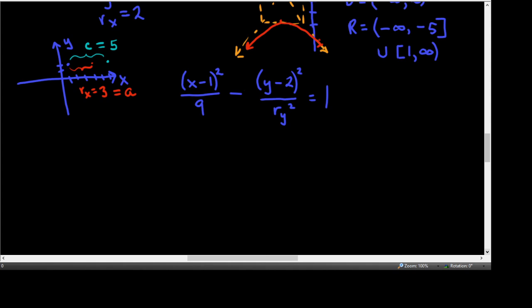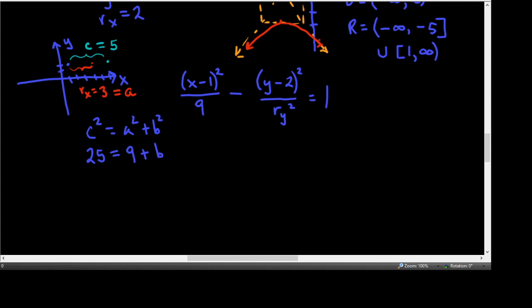So at this stage of the game, there's only that one unknown. If we think about the fact that we have been given c indirectly, we know that the equation for the hyperbola is c squared equals a squared plus b squared. Since we know that c is 5, 5 squared, or 25, is equal to a squared, 3 squared is 9, plus b squared, which we don't know.